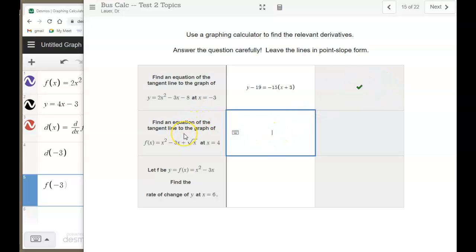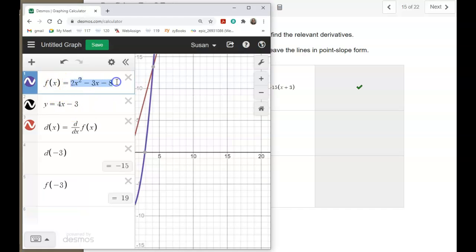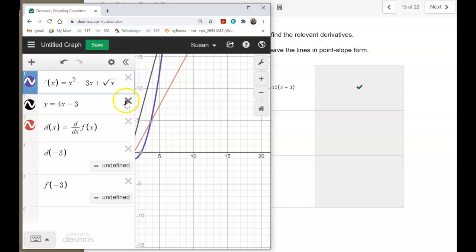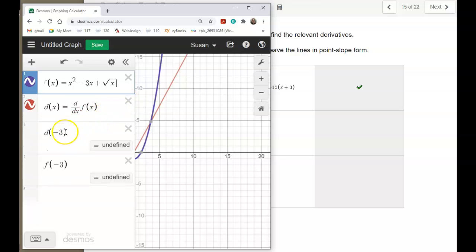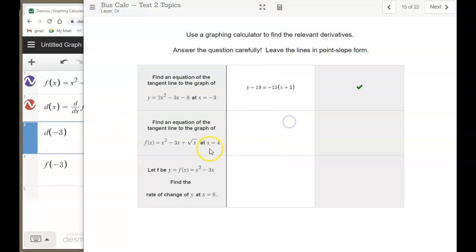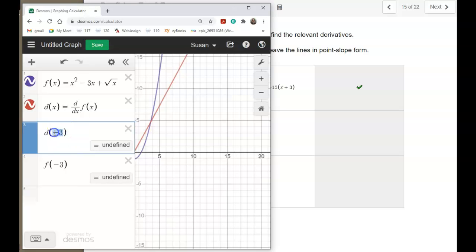Find an equation of the tangent line to the graph. So we do the exact same thing. So now I'm putting this one in. Don't really need the y here. And I need it evaluated at 4. So I have my derivative, and I have my function value.